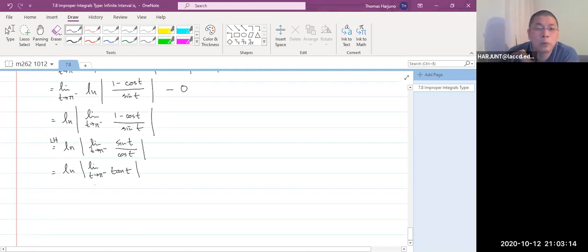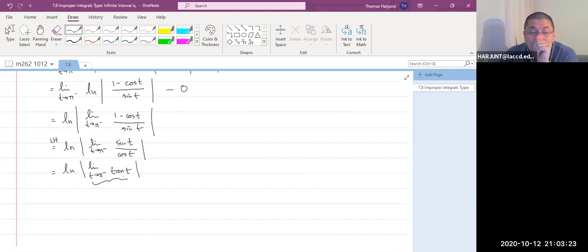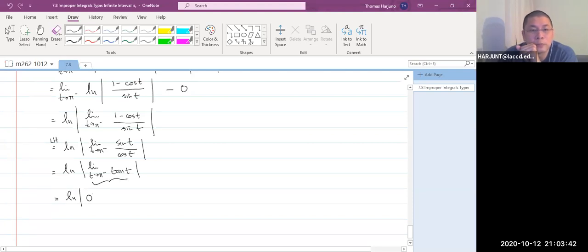So this will approach tangent from the negative or from the positive side. It will approach 0 from the negative side, right? But with the absolute value, it will approach 0. Maybe I write it this way.